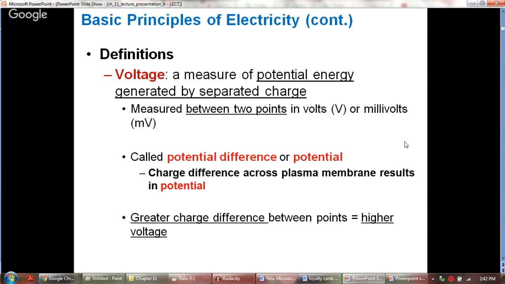With relation to physiology and the nervous system, we call it the potential difference, or potential, which means the charge difference across the plasma membrane. The greater the charge difference between the 2 points, the higher the voltage.